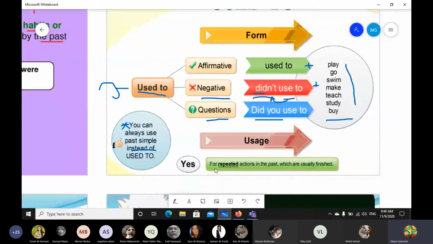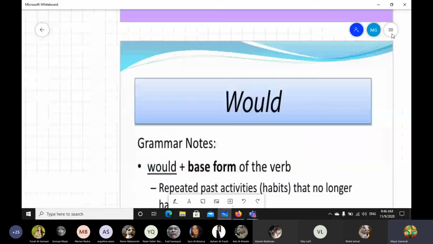We use used to for repeated actions in the past. Repeated actions in the past which are usually finished. معناته هم they were just in the past and now they are finished.